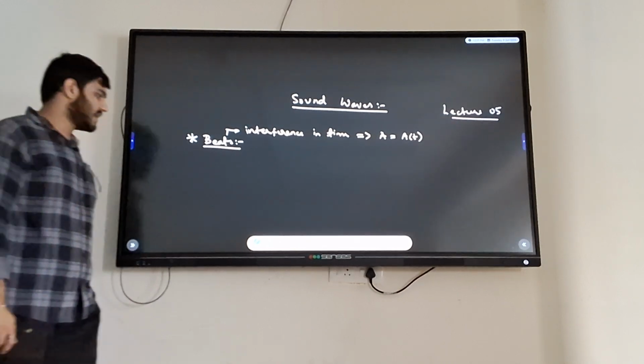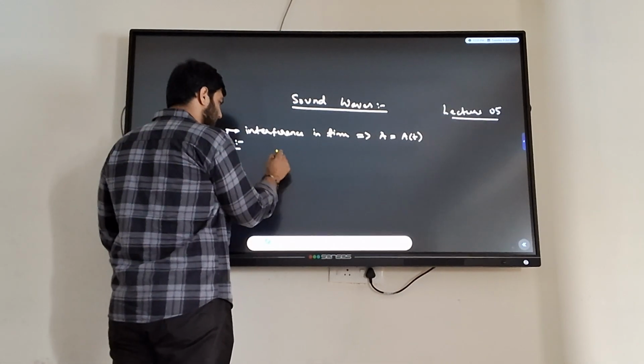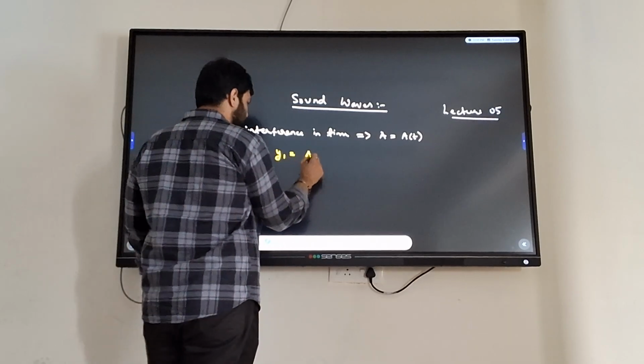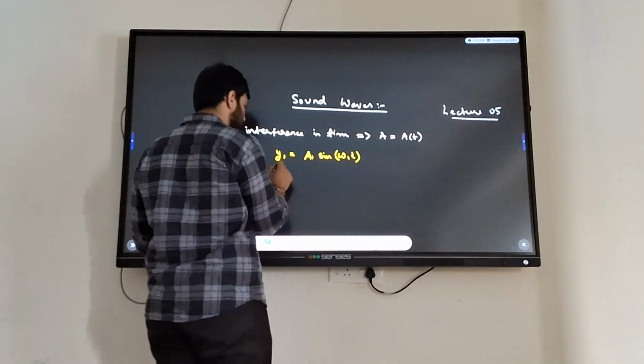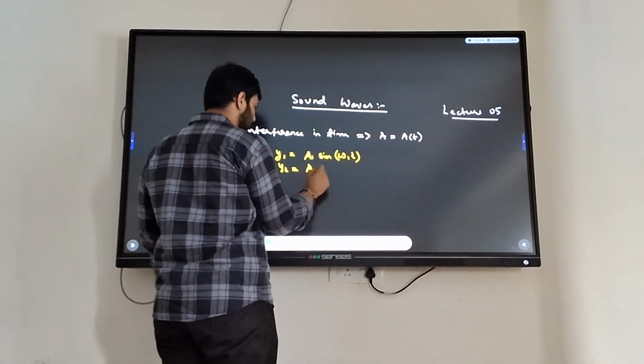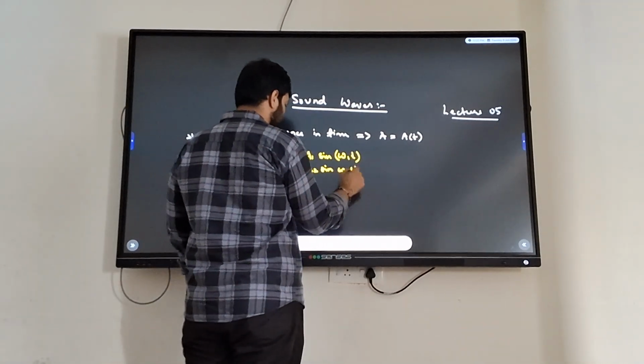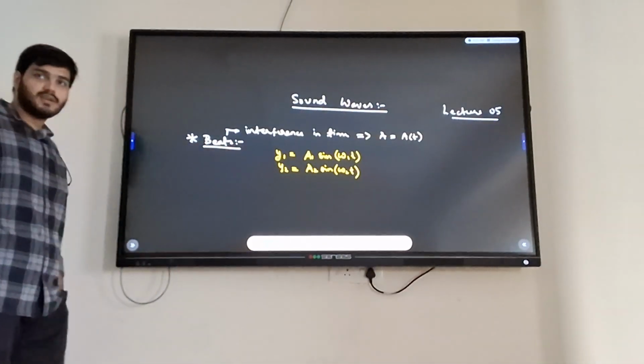The two waves we were considering were a1 sin omega1 t and a2 sin omega2 t.